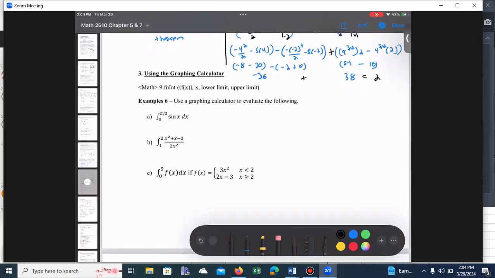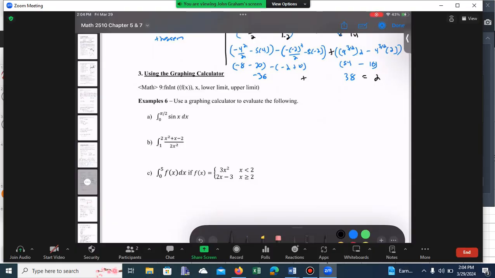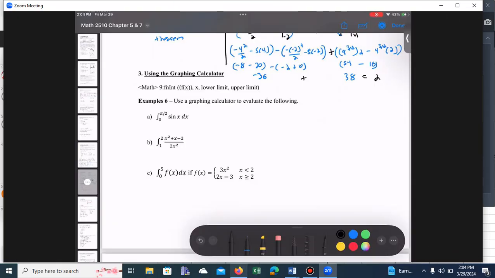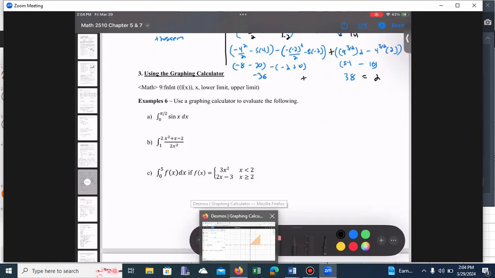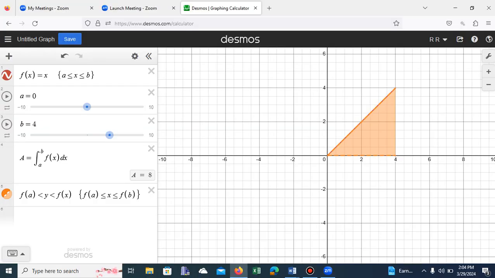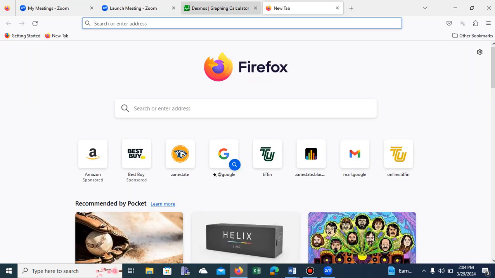Right. There are ways of doing these on a graphing calculator. Now we don't use the graphing calculator in our class. We use Desmos. So let me open up Desmos.